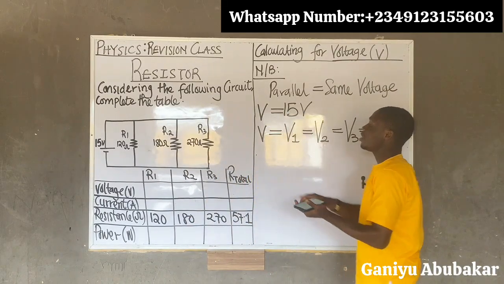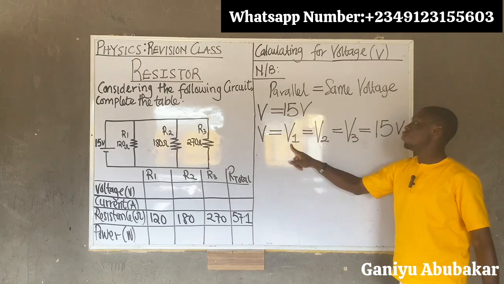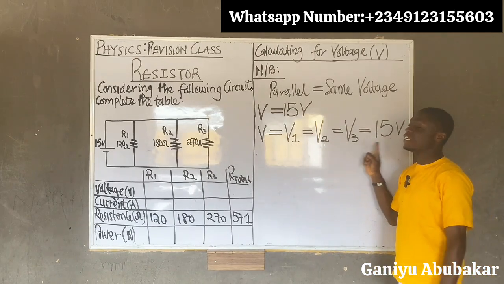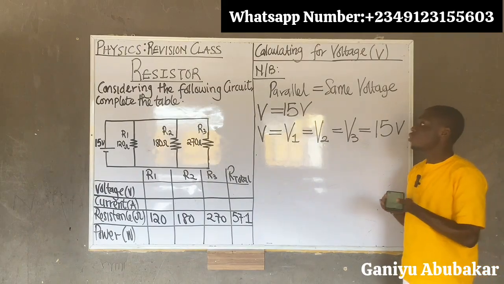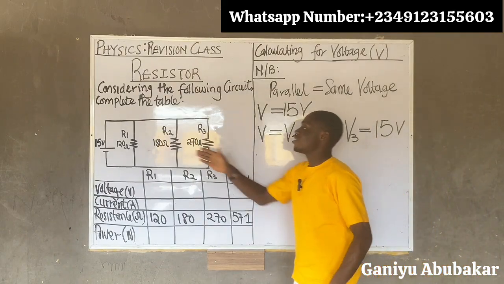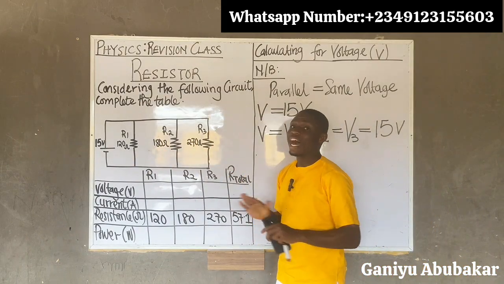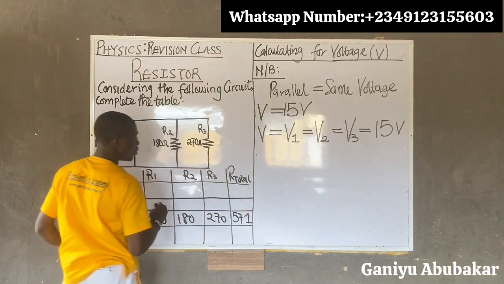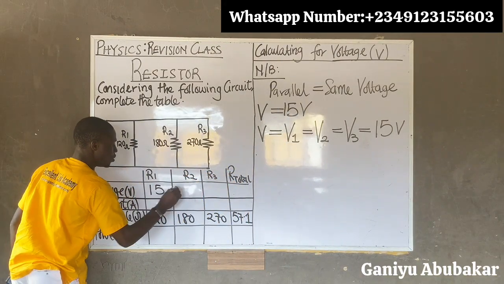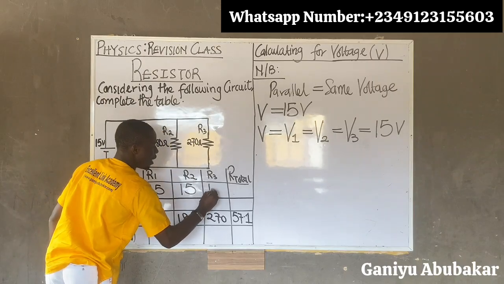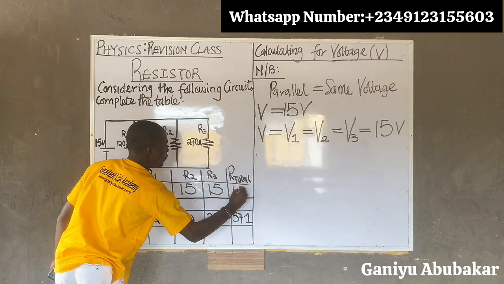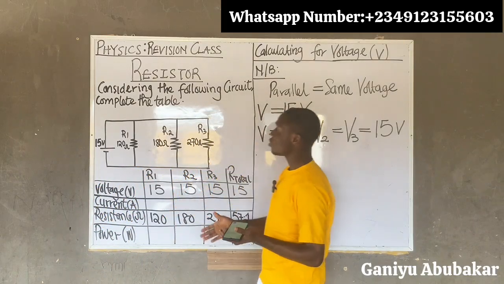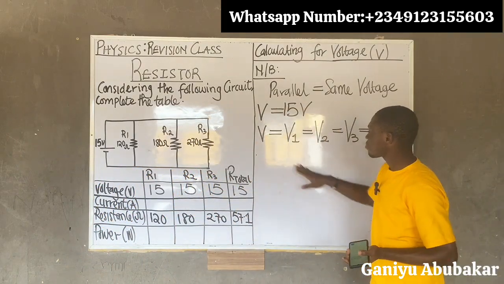So V is 15 volts, V1 15 volts, V2 15 volts, and V3 15 volts. Why? Because when resistors are in parallel, they have the same voltage. So I have 15 here, 15 here, and 15 here. So I've gotten the voltage across each resistor.